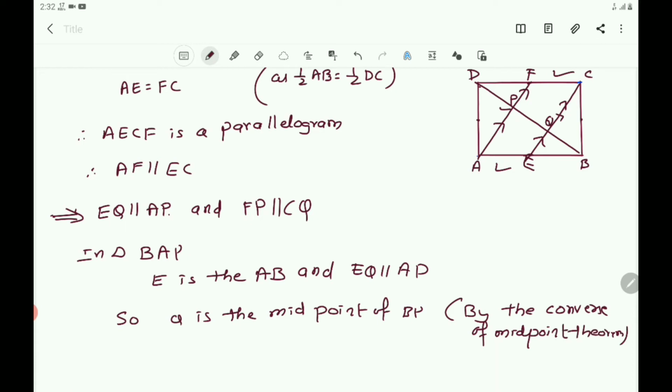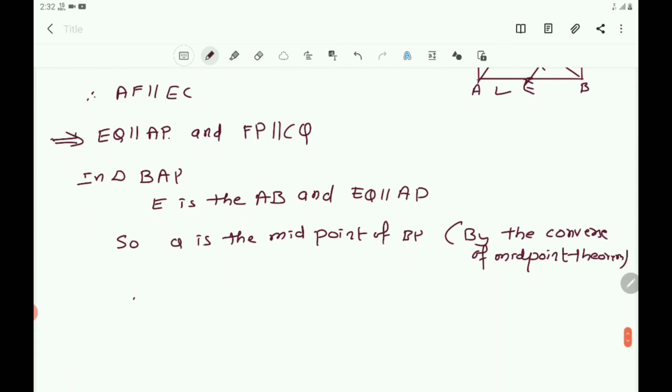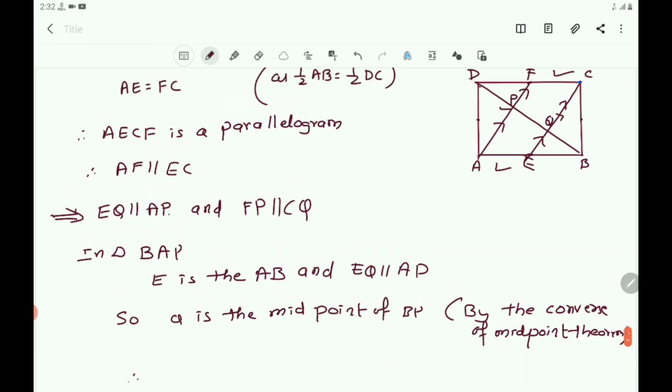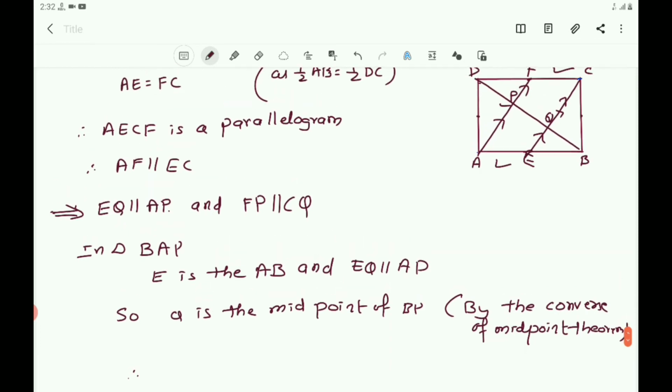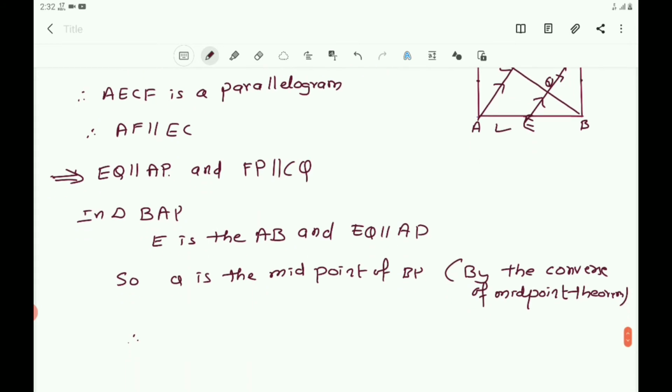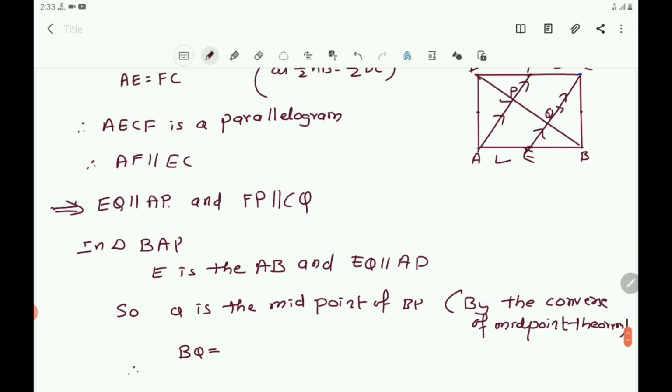Therefore, BQ equals PQ, as Q is the midpoint of BP. Here you will get BQ equals PQ. Consider this is the first one.